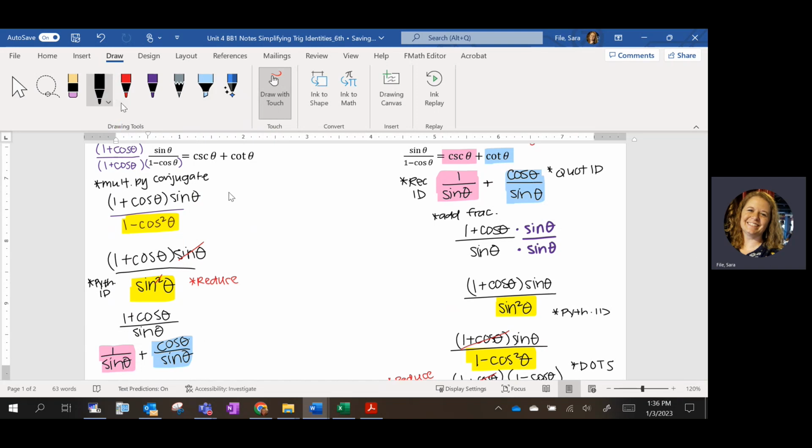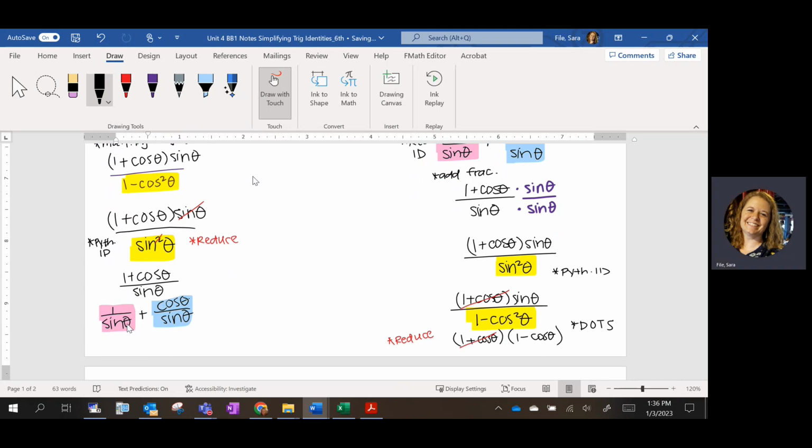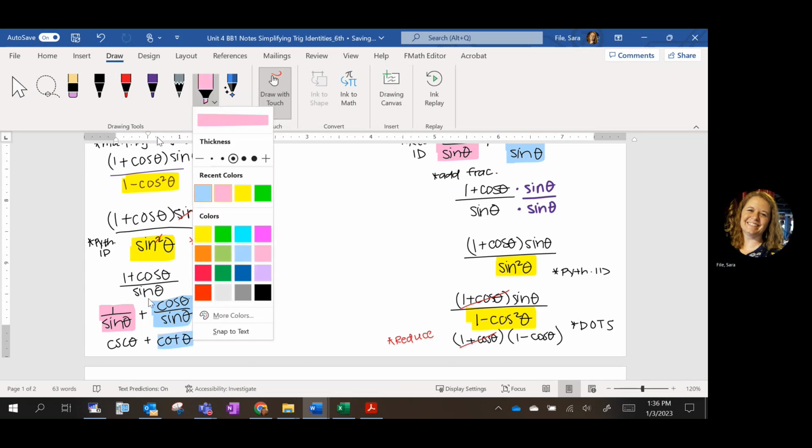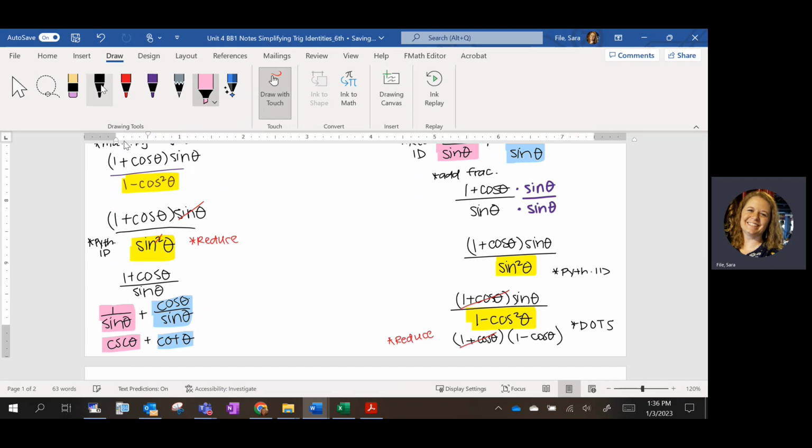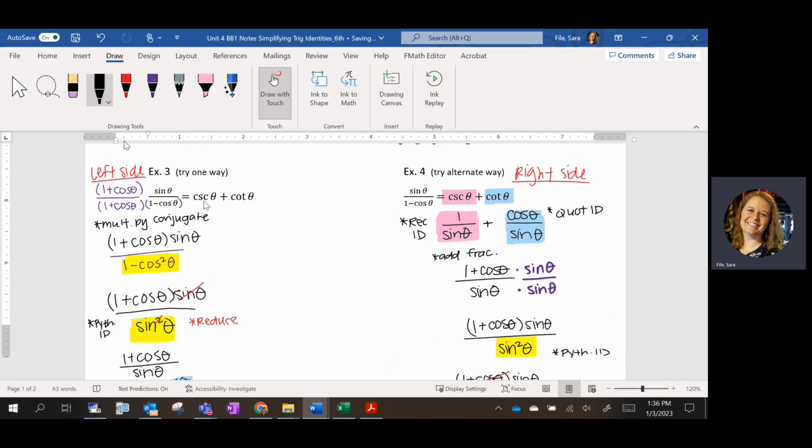I'm going to be able to substitute that. So 1 over sine is the same as cosecant, and cosine over sine is the same as cotangent. So I can make those substitutions. And is that what I was trying to prove? Cosecant plus cotangent, isn't that what the right side was? Yeah.